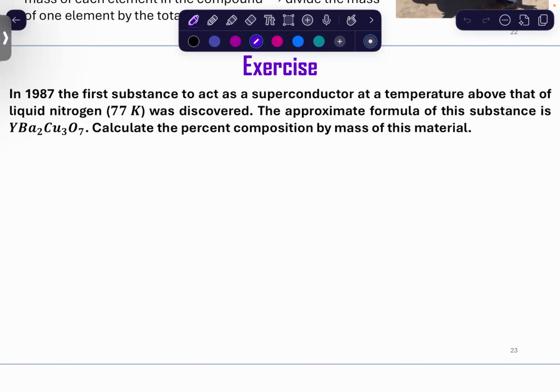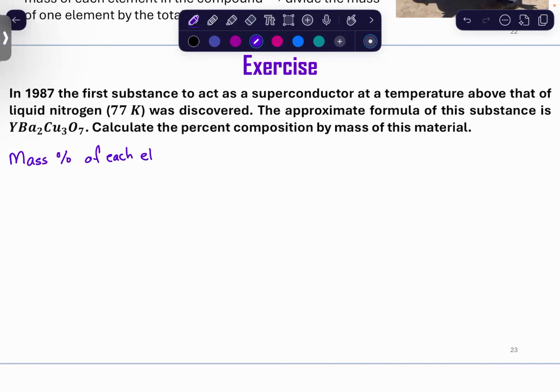Okay, so that's what we're trying to find. Let's look at the periodic table and figure out the molar masses of each one of these elements.